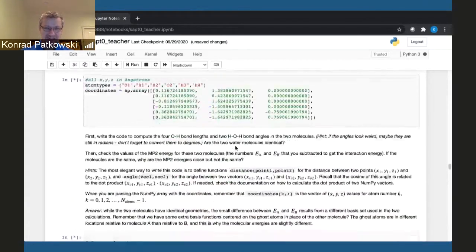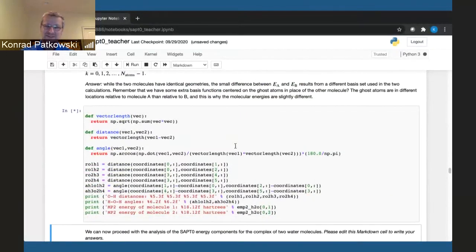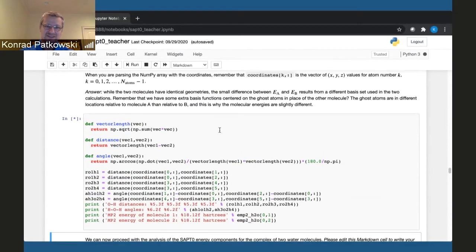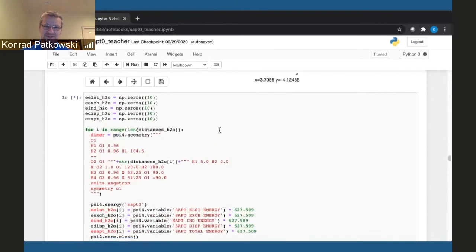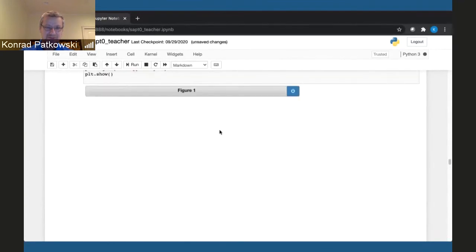while the MP2 energy for one molecule and for the other is different, which is, I think, a nice illustration of the basis set superposition error and how we take it into account in the calculation, because even if this molecule is the same, the other molecule with ghost basis centers is in a different location depending on which one we pick.